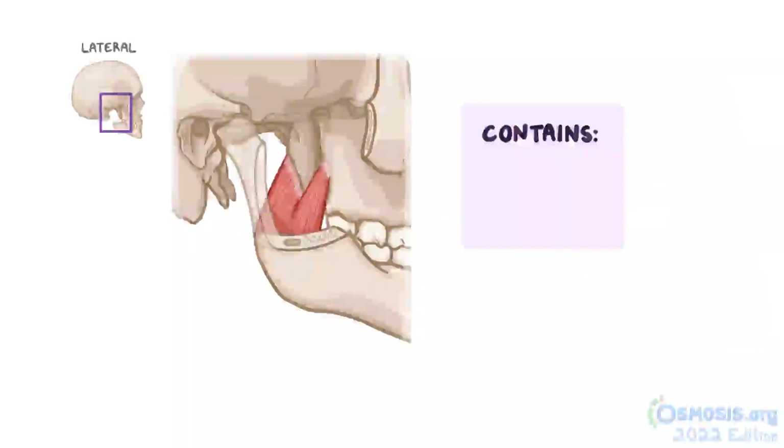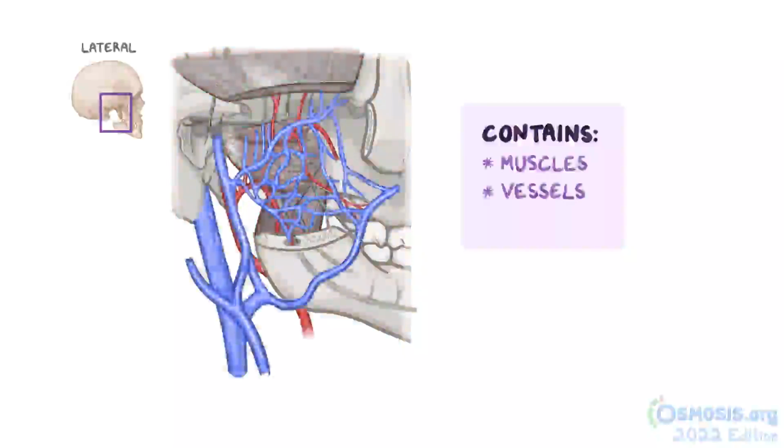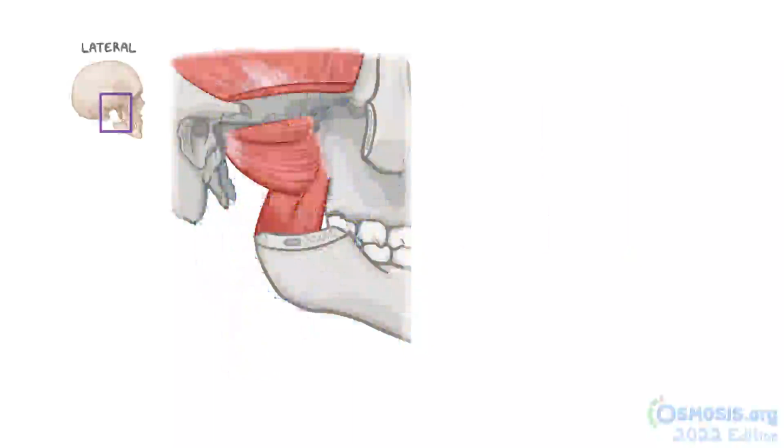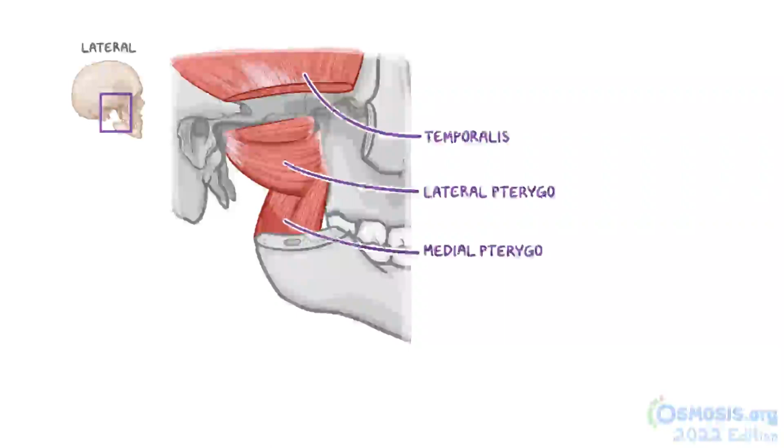It contains a number of important muscles, vessels, and nerves. The muscles of the infratemporal fossa include the inferior portion of the temporalis muscle and the lateral and medial pterygoid muscles.